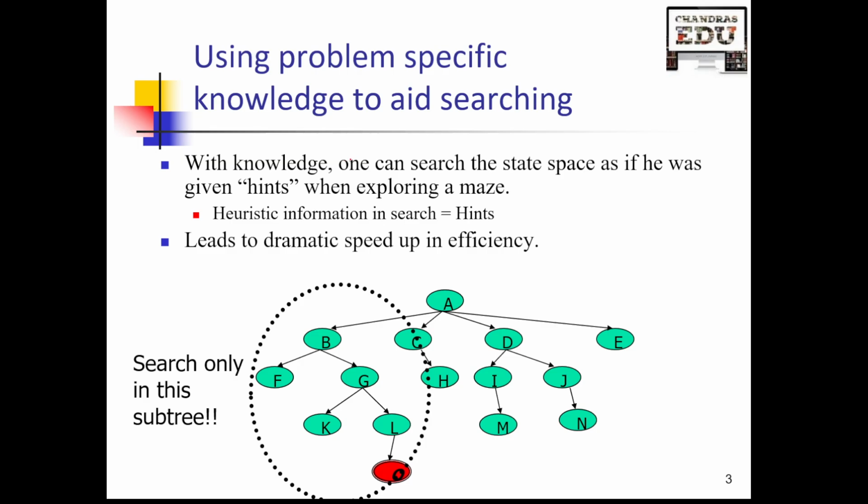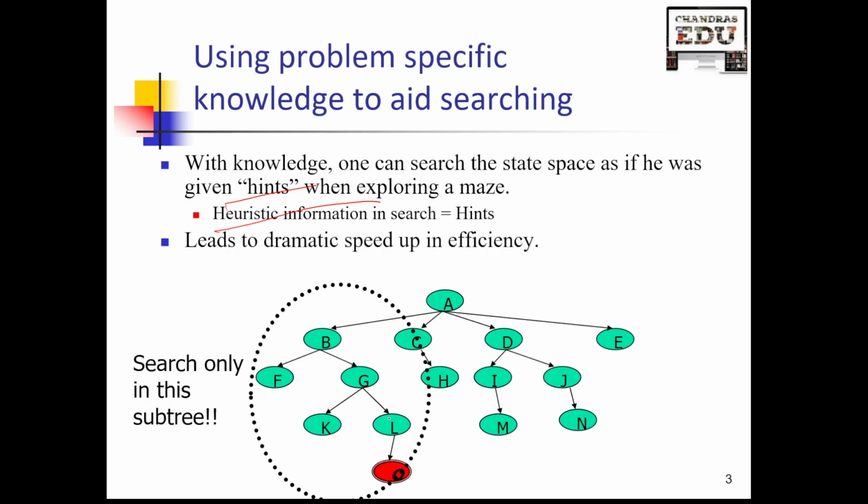Suppose we have some hints for finding the solution, then that can be called heuristic information, and we'll try to use that hint to find the solution. Suppose in a bigger tree, the solution is in this tree branch itself.